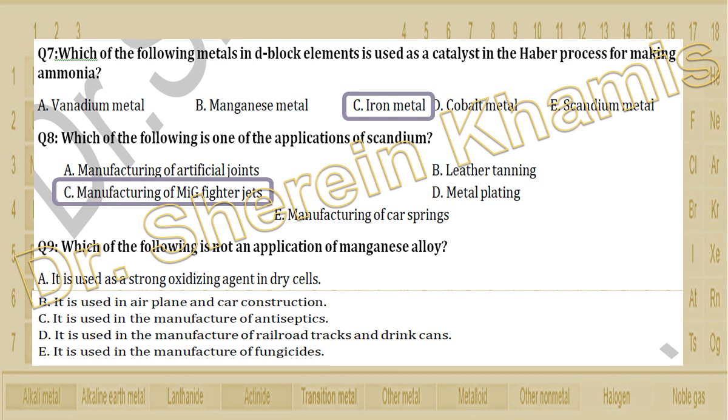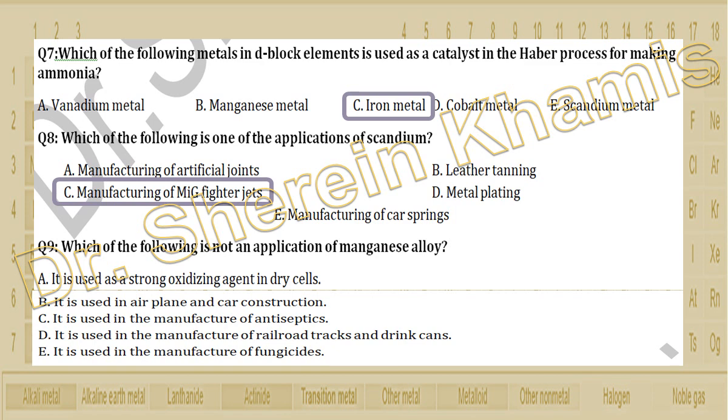Which of the following is not an application of manganese alloys? We have different uses for manganese as an alloy. A, it's used as a strong oxidizing agent in dry cells. B, it's used in airplane and car constructions.